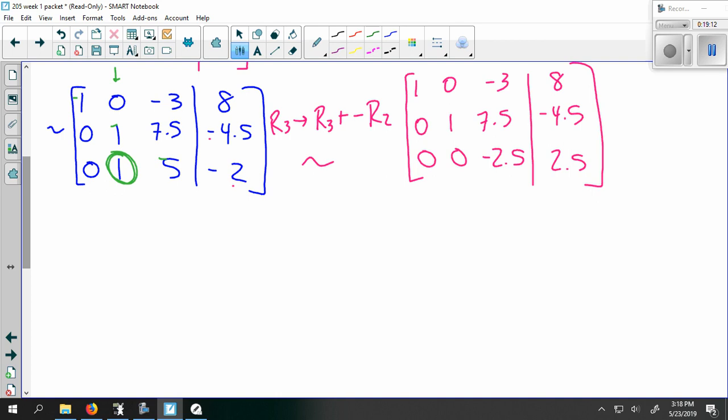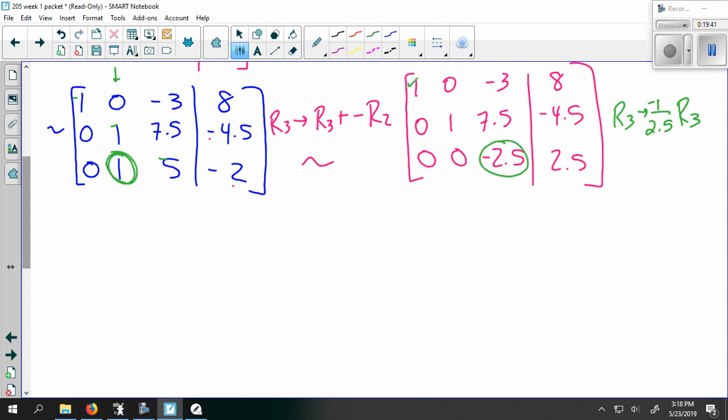Okay, so this should be enough to solve the system. I'm going to do one last thing, and I'm going to scale the third row. I'm going to have row 3 become negative 1 over 2.5 times row 3, so that this entry will be a 1.